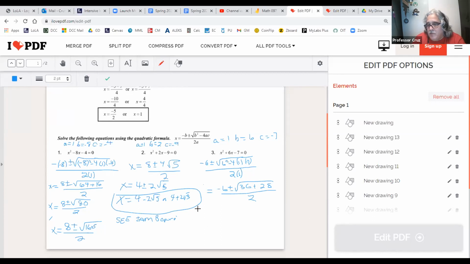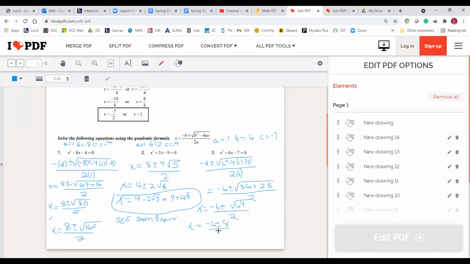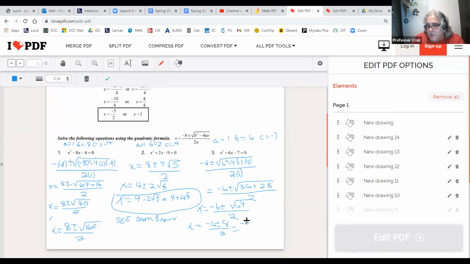So now, square root of 64 is 8. So negative 6 minus 8 over 2, which is negative 14.